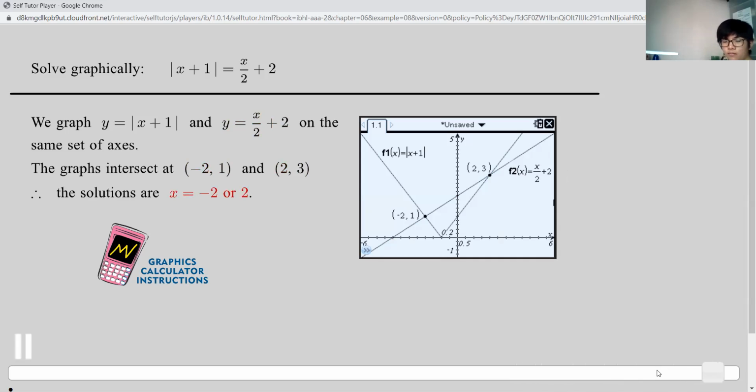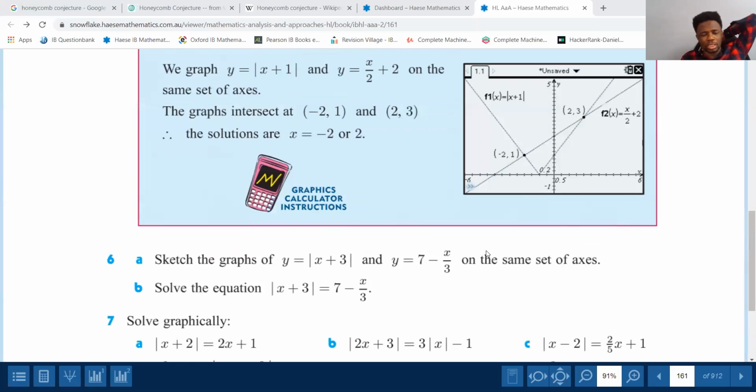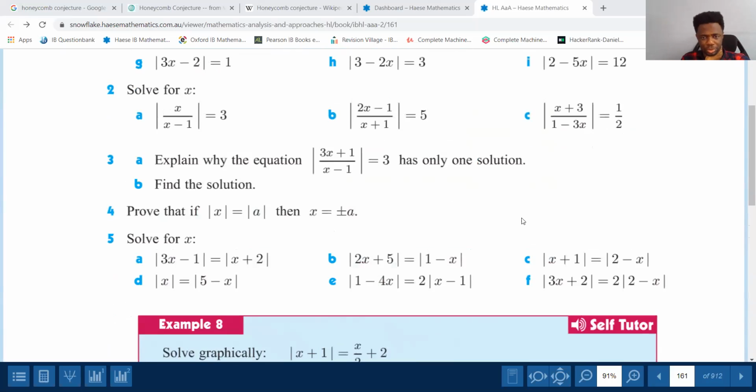So, x is minus 2 or 2. Understood? Okay, so I'm going to send you screenshots later. Please make sure you try these problems, and that will be all about graph modulus equations.